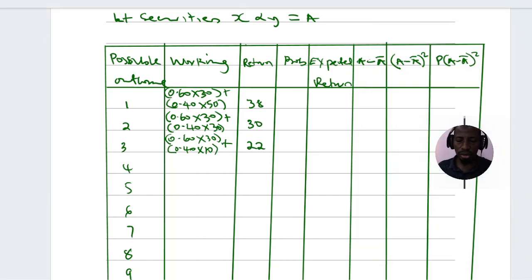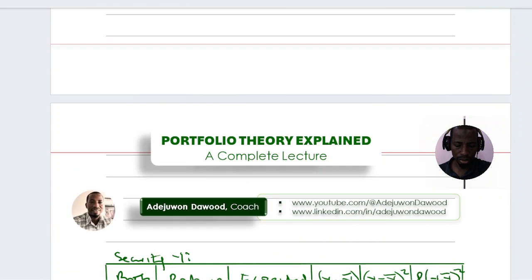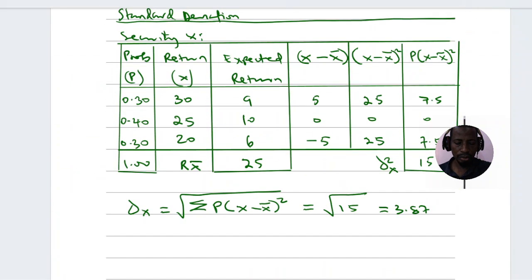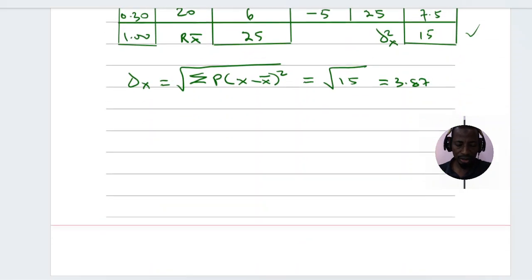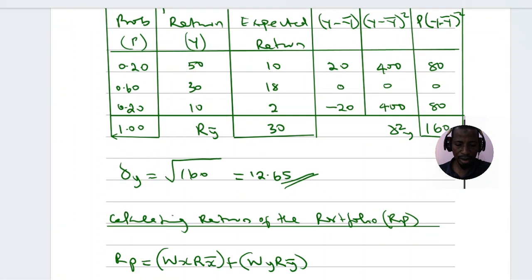So that's 22. The same way you combine the return is the same way you are going to combine the probability. The probability of the first return of 30 for X is 0.3, and the first probability of security Y is 0.2. Therefore, 0.3 multiplied by 0.2.